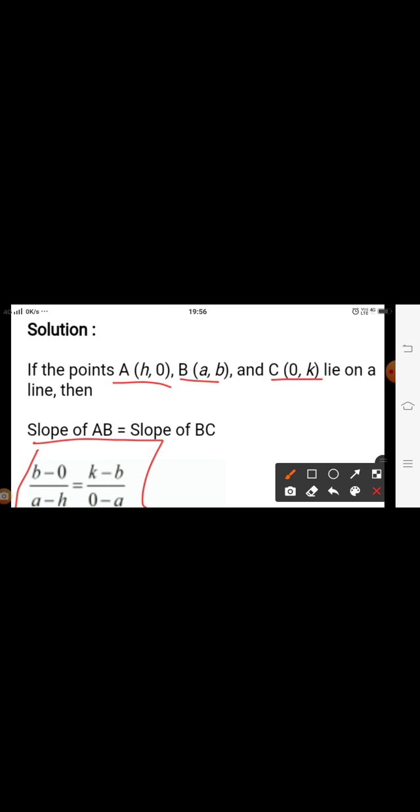Considering the coordinates as A, B, C, we get (b - 0)/(a - h) = (k - b)/(0 - a). Then on simplifying, we get b/(a - h) = (k - b)/(-a). On cross multiplying, we get -ab = (k - b)(a - h). And on solving, we get ka + bh = kh.